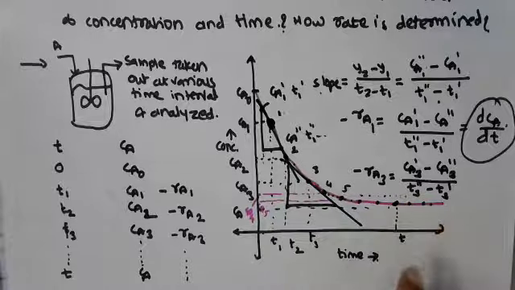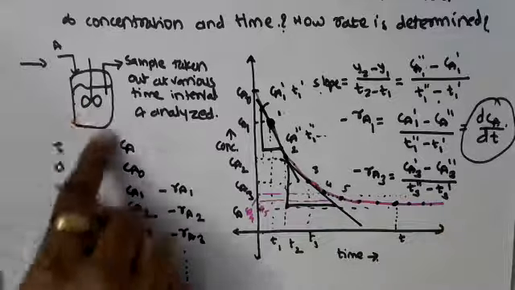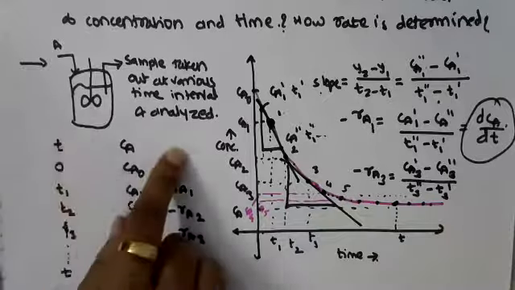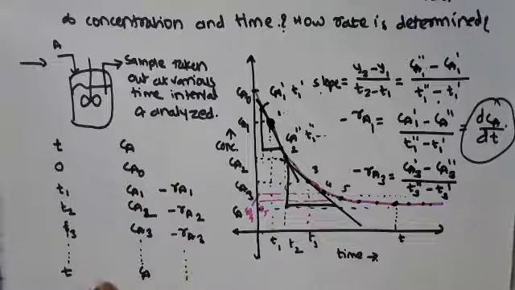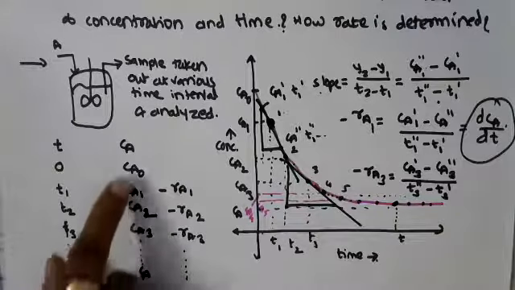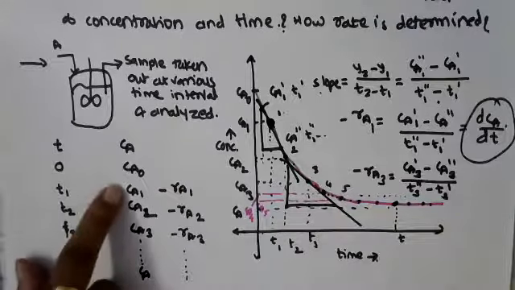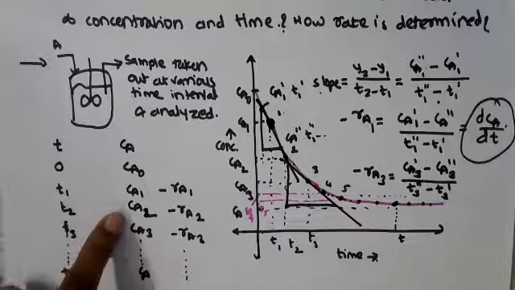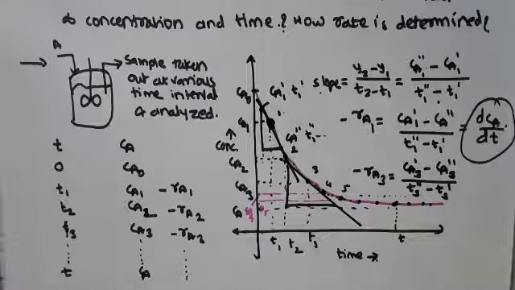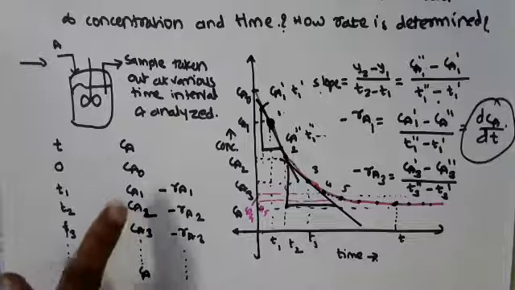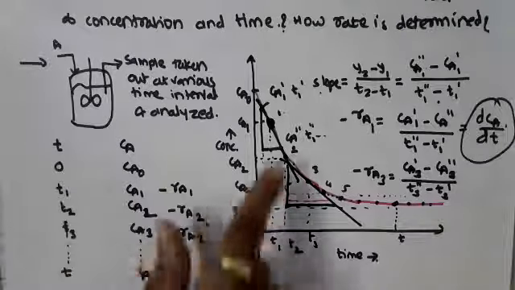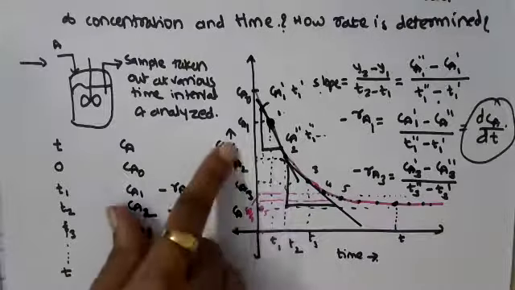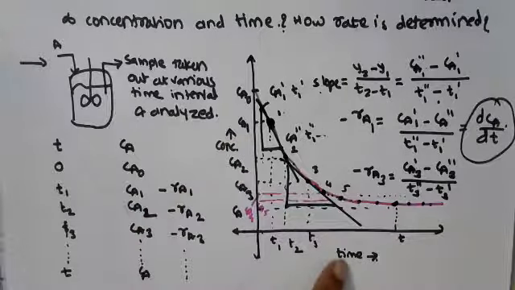On the same line, whenever we carry out any reaction at different time intervals, we take out samples and do the analysis. From the analysis, we can understand the value of concentration of reactant at different times. Then the plot of concentration versus time is made, with concentration as the y coordinate and time on the x axis.